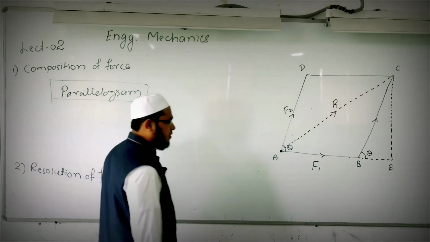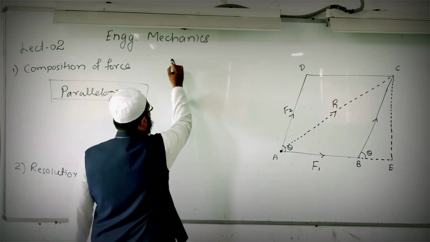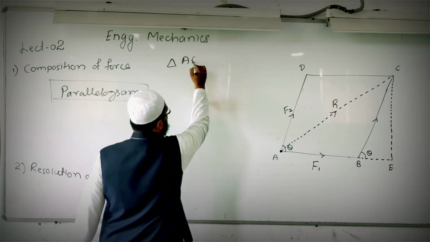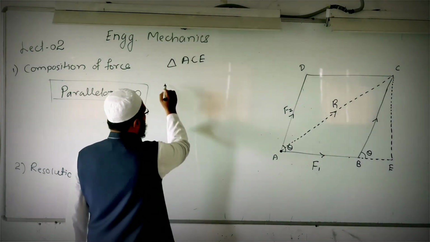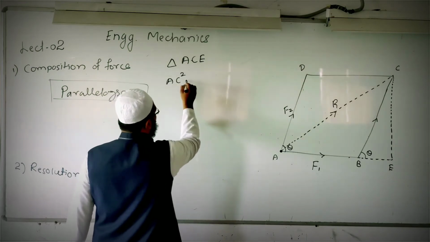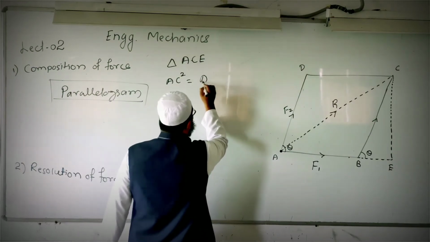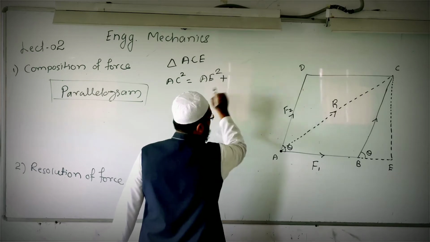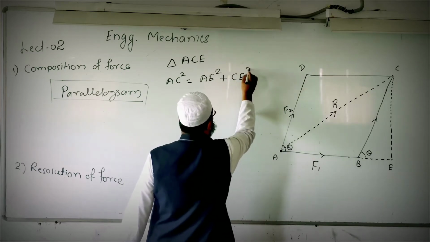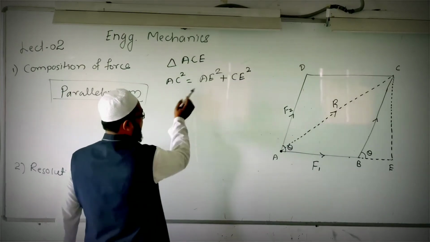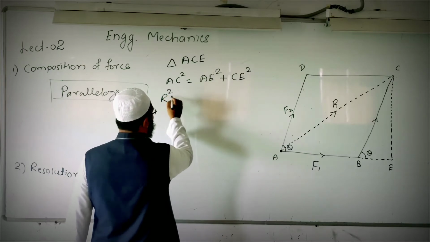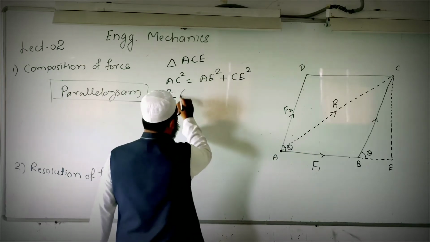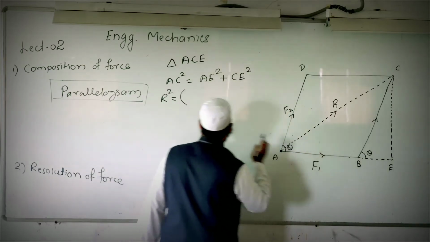I will apply the Pythagoras theorem in triangle ACE. AC square equals AE square plus CE square. Now AC square means R square. AE is the addition of AB and BE.